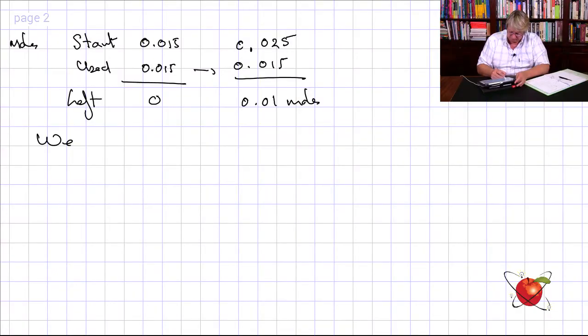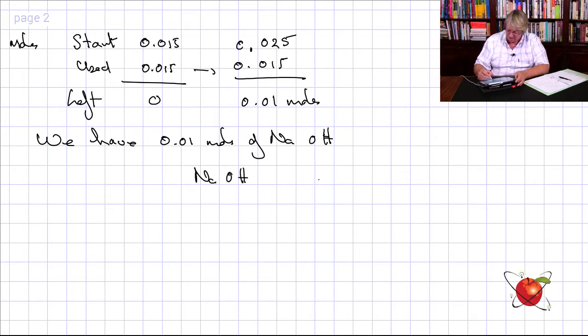Now, if we just think about it, that 0.01 moles, we have 0.01 moles of NaOH. What is that again? Well, we know that NaOH, in water, is going to go into Na plus and OH minus, and that is at a ratio of 1 goes to 1 plus 1, like so.